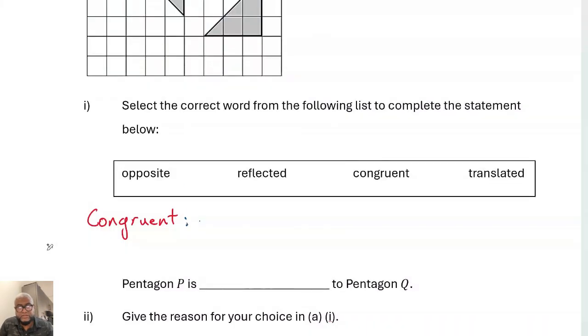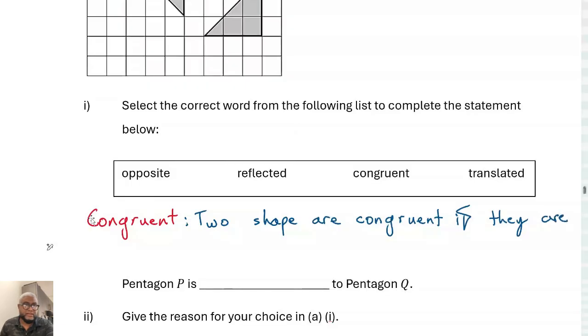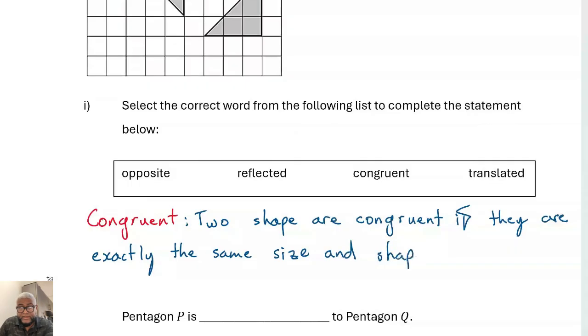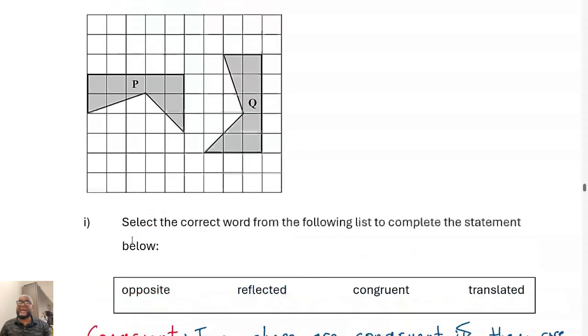Okay, so two shapes are congruent if they are exactly the same size and shape, right? So are these two images exactly the same size and shape?